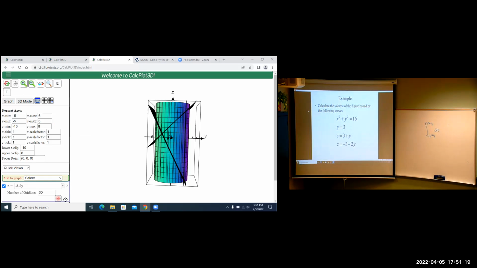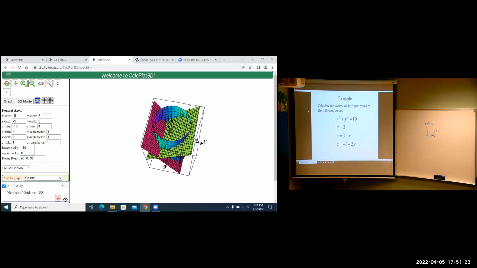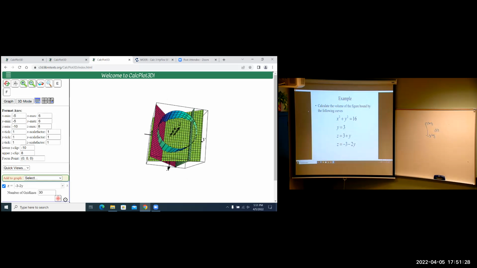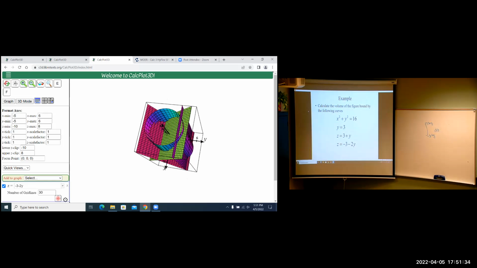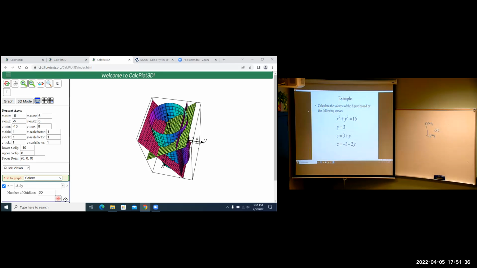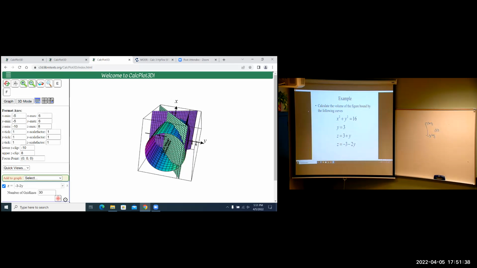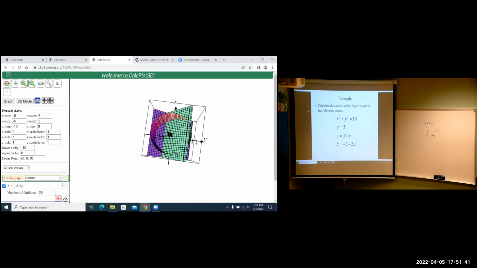Okay, so now we've got to figure out the next set of limits. This is that shadow region. Notice what's happening. We do have a circle, but we have these lines going down it. So let's talk about what that's going to look like. It's upside down. I want to kind of get an XY. Let's see if we can do it from the side. Yeah, doesn't look quite as good.